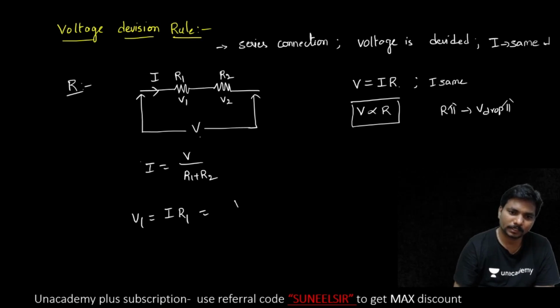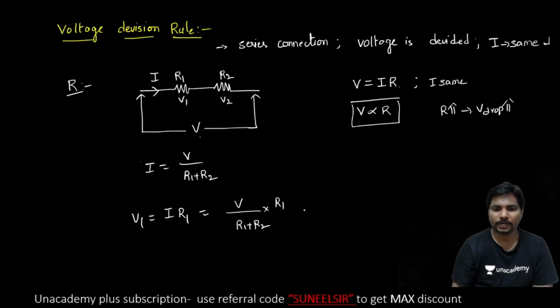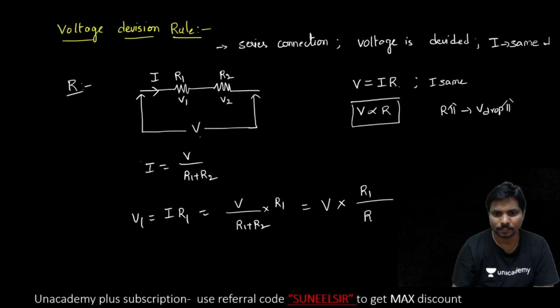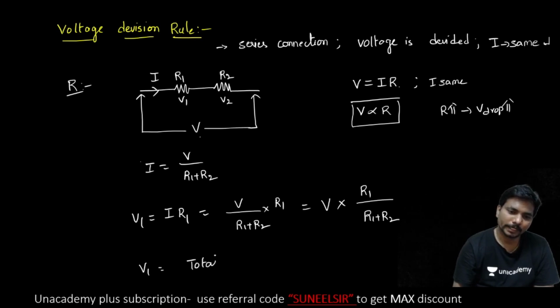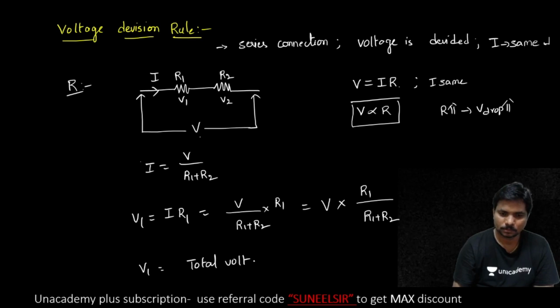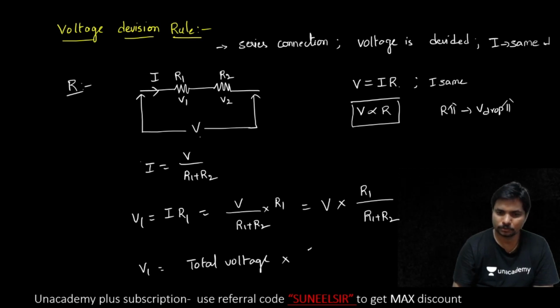I is nothing but V by R1 plus R2, into R1. So finally what you are getting? The total voltage into that corresponding resistance by total resistance. So you can write down the formula: total voltage into the same resistance by the sum of resistances.